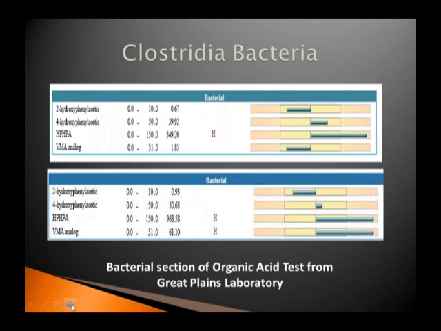Clostridia bacteria is another area that you want to analyze for. Critically important because Clostridia is a nasty bacteria. There's a wide variety of different family members in the Clostridia family.